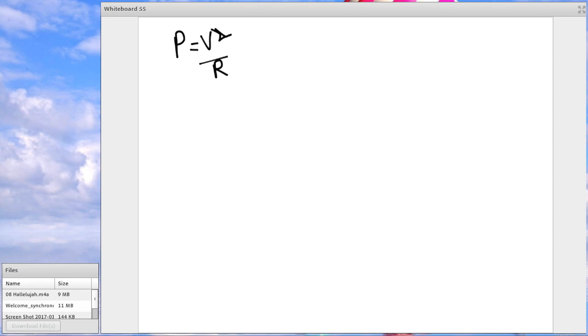Let's say we have a 110 volt source connected to a 20 ohm resistor. How much power will it use?